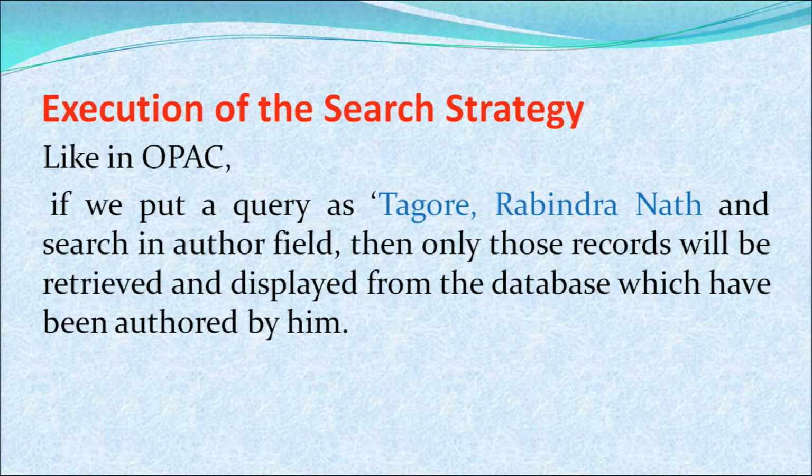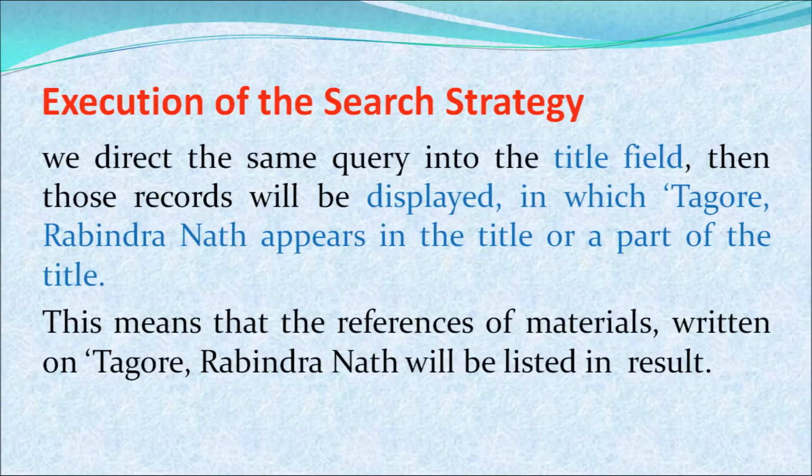If we direct the same query into the title field, then those records will be displayed in which Tagore Rabindranath appears as part of the title. This means the references of material written on Rabindranath Tagore will be listed in the result.